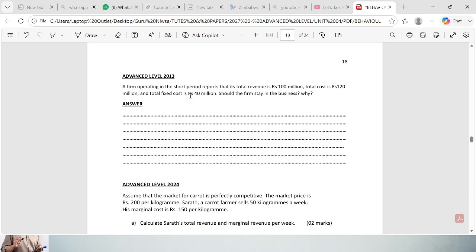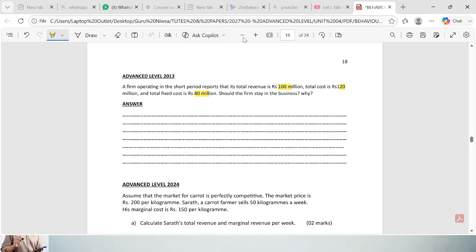A firm operating in the short run reports that its total revenue is 100 million, total cost 120 million, and total fixed cost 40 million. Should the firm stay in the business? Why?